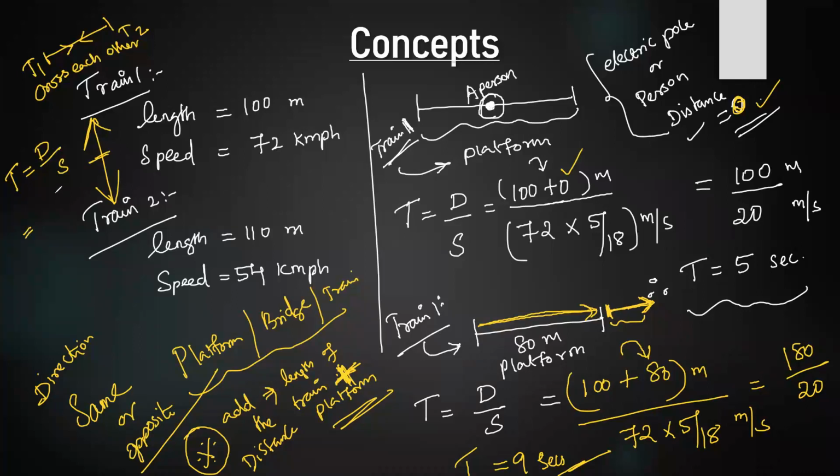How will you find it? Train 1, train 2 coming in opposite direction, how long will it take to cross each other? So again, here the question is time, right? Distance by speed. In distance, what will you apply here? What will you substitute?